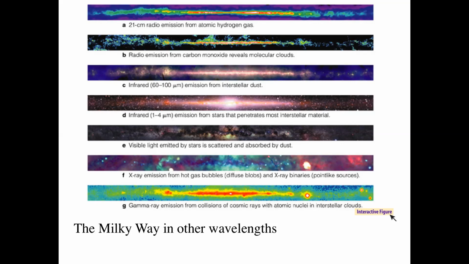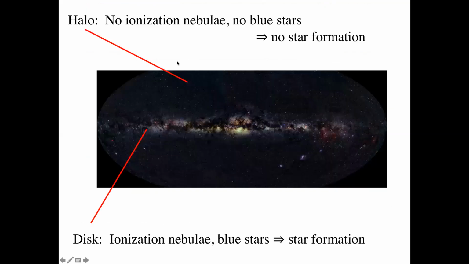Let's go back to our slideshow. Okay, so here's back to our visible light image of the Milky Way galaxy. Again, interestingly, all of the gas, and it requires gas to make stars, is located in the disk of the galaxy, and none of it is in the halo of the galaxy.